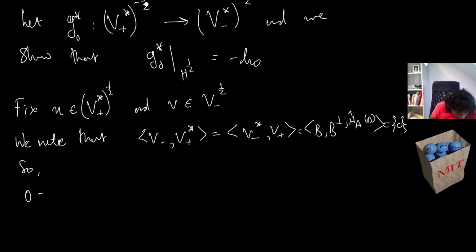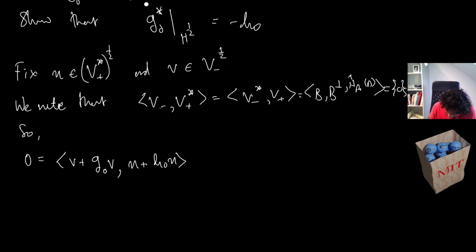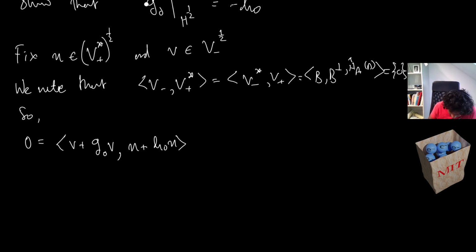So we get that 0 is now equal to V plus, so we're just calculating now the inner product. So V plus G naught V, U plus H naught U. So what's this equal to? So because of this condition here, this is precisely now going to be equal to G naught V, U plus V, H naught of U.